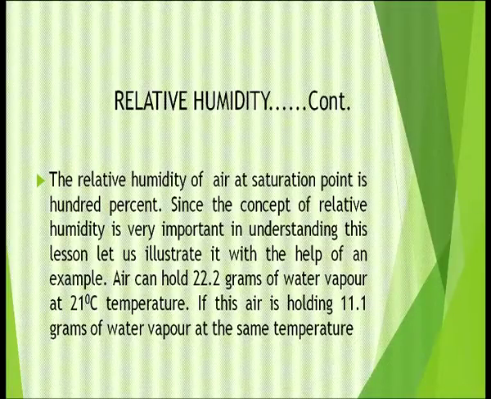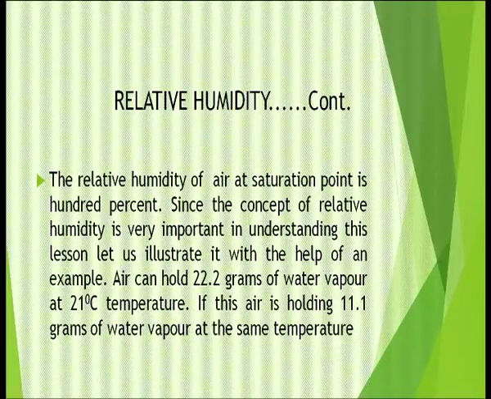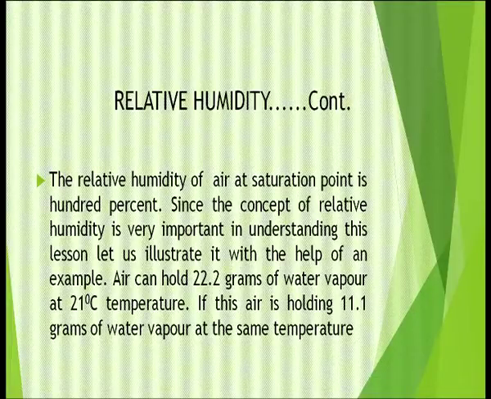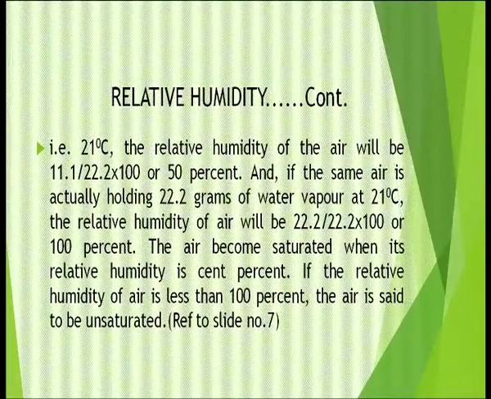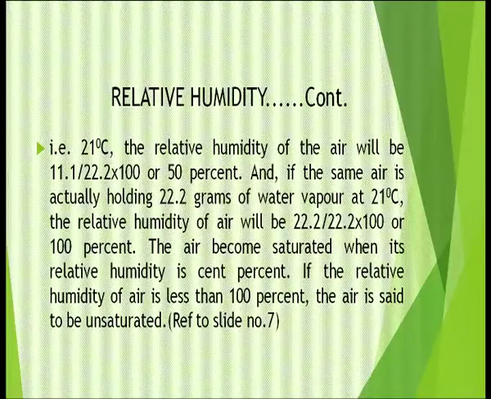Since the concept of relative humidity is very important in understanding this lesson, let us look at the figure. Air can hold 22.2 grams of water vapor at 21 degrees temperature. If this air is holding 11.1 grams of water vapor at the same temperature, that is 21 degrees Celsius, the relative humidity of the air will be 11.1 divided by 22.2 multiplied by 100, or 50%.